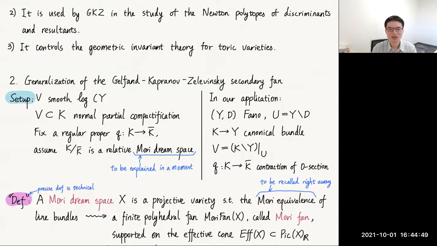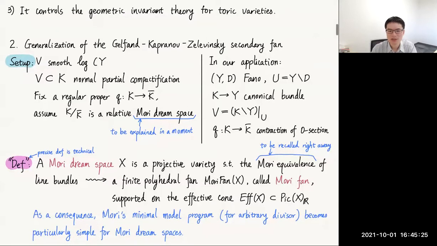In general, this partition is very complicated. But a Mori dream space is a projective variety where such an equivalence gives rise to something polyhedral, a finite polyhedral fan. And this finite polyhedral fan is called the Mori fan, which we denote by Mori fan of X.